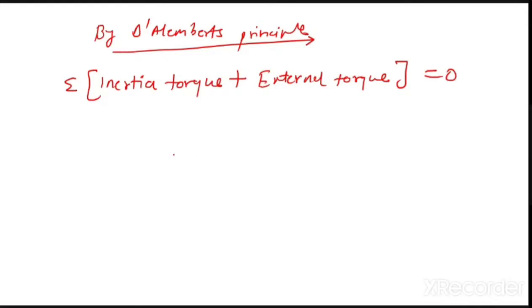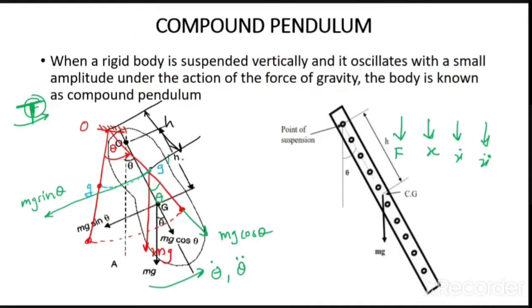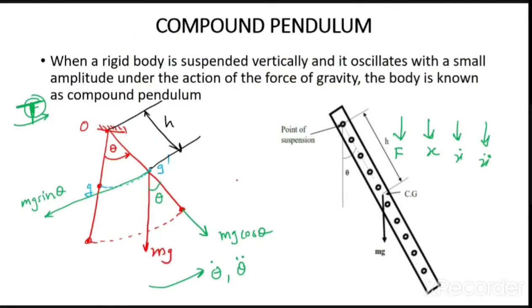Now tell me, what is the inertia torque in this case? Inertia torque is I into theta double dot. Remember, inertia force is M into x double dot, mass multiplied by acceleration. Similarly, the inertia torque is mass moment of inertia into angular acceleration, so I theta double dot is the inertia torque.